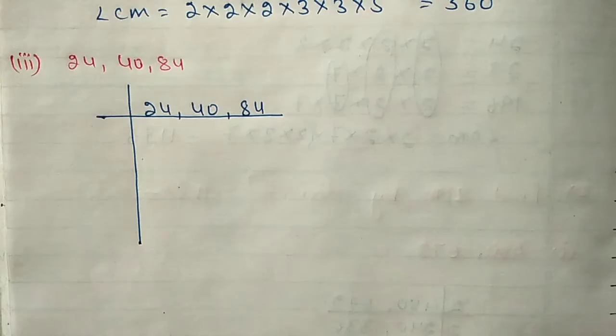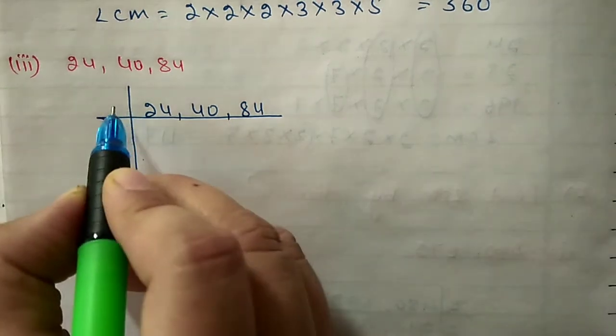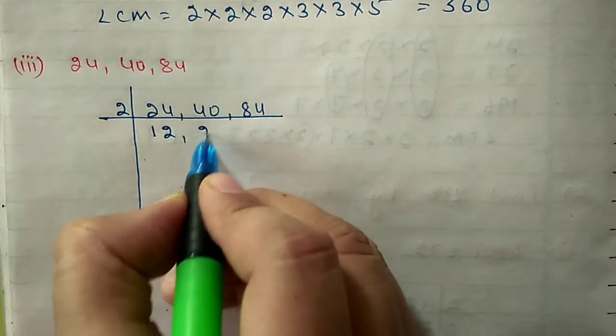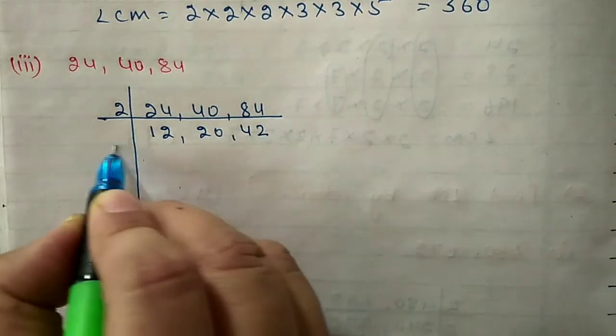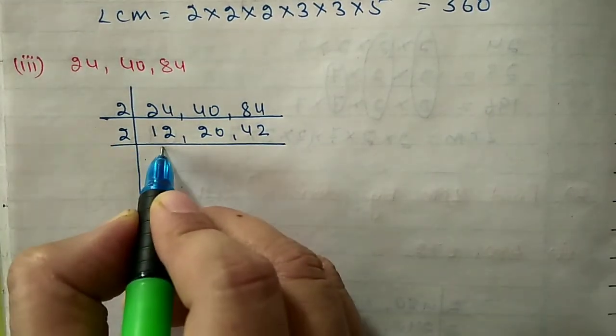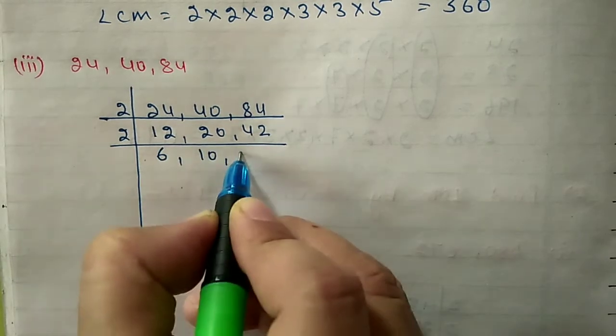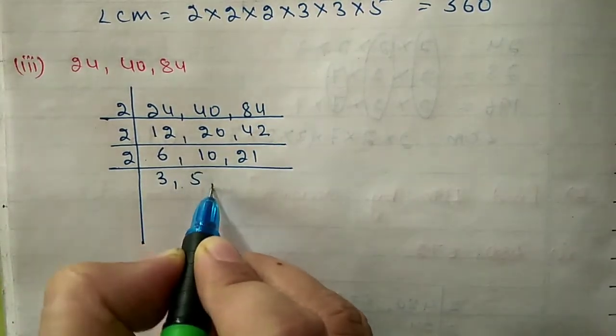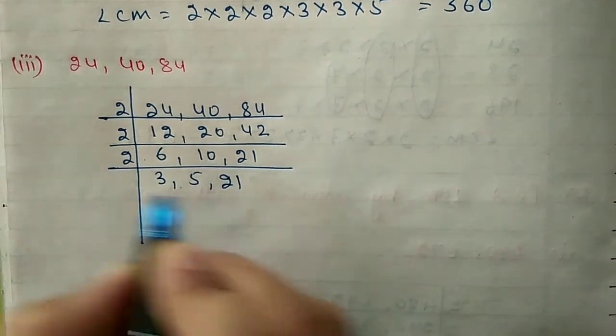Next, third part, 24, 40 and 84. First we will start with 2: 2 1s are 2, 2 2s are 4, 2 20s are 40, 2 42s are 84. Then again it will go with 2: 2 6s are 12, 2 10s are 20 and 2 21s are 42. Then 2 3s, 2 5s and this 21 will be as it is.